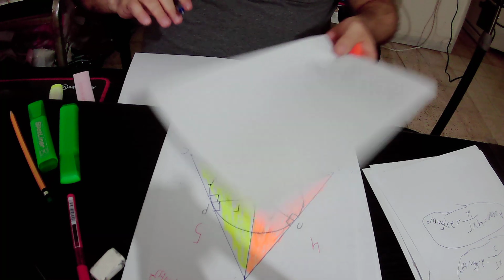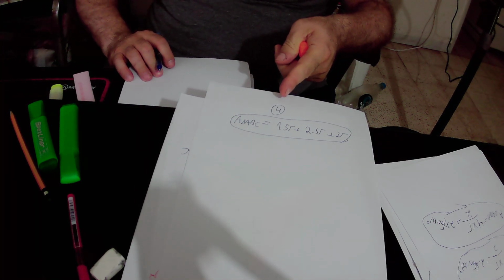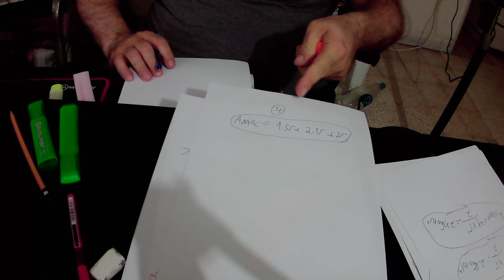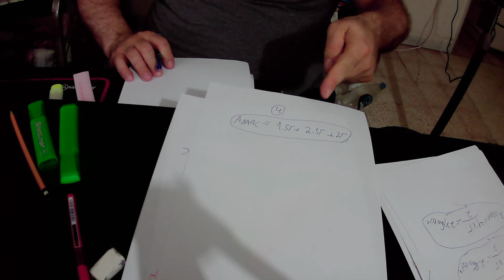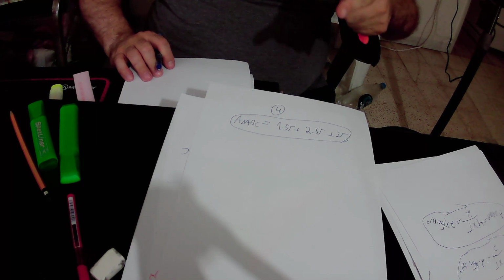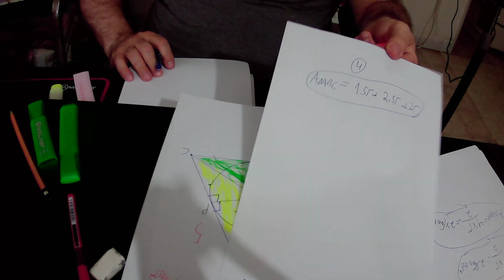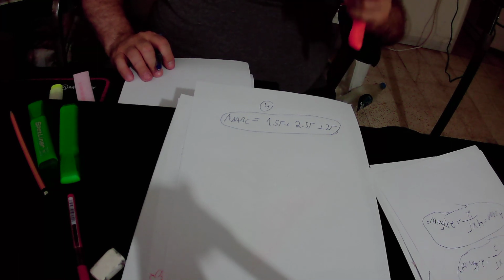So the area of the big triangle ABC equals 1.5 r, that is the area of the green triangle, plus the area of the yellow triangle, that is 2.5 r units squared, plus the area of the orange triangle, that equals 2 times the radius, units squared.